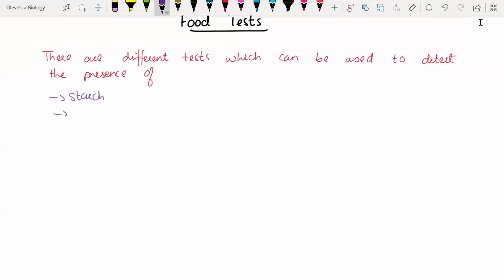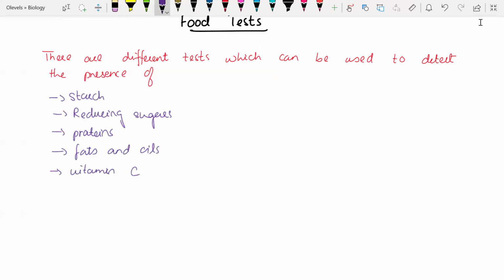We have reducing sugars. Then we have proteins and fats and oils. And then we can see one test for vitamin C as well. Okay. First, we have to see the test for starch.